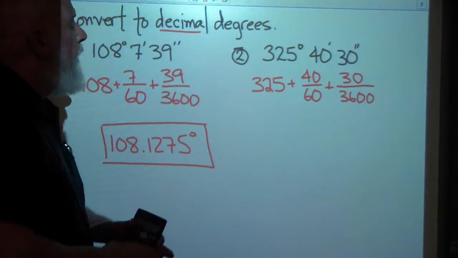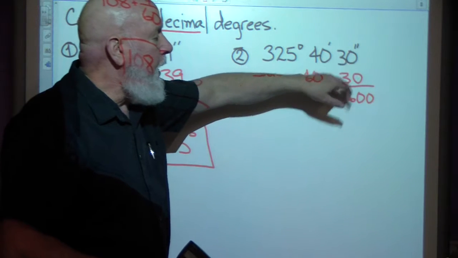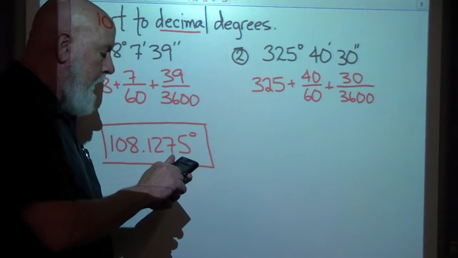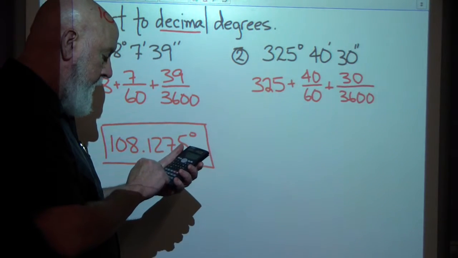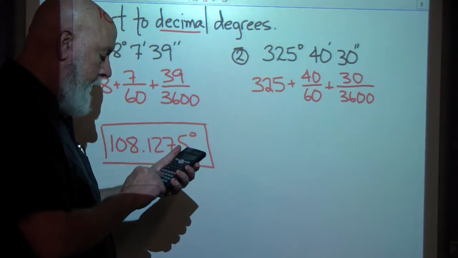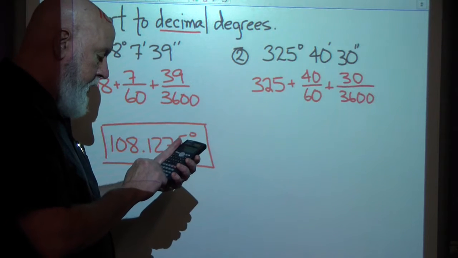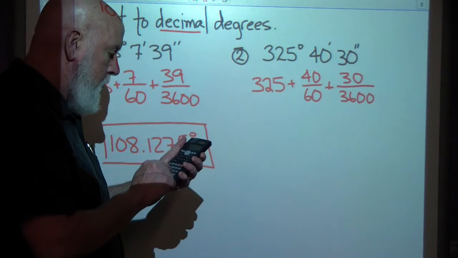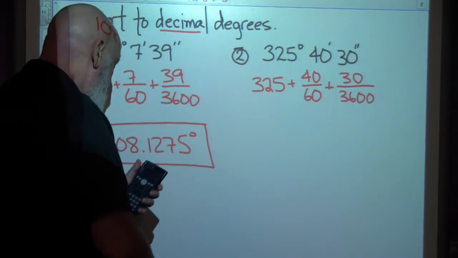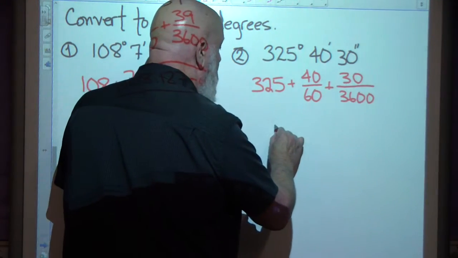And that will convert degrees, minutes, and seconds into a decimal. So it's 325 plus 40 divided by 60 plus 30 divided by 3600 equals 325.675 if I haven't made a mistake.